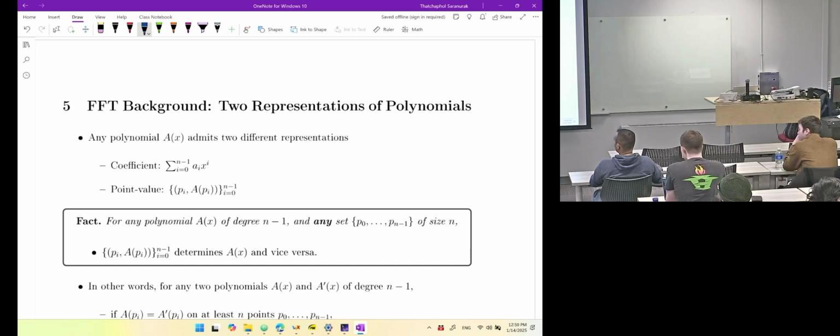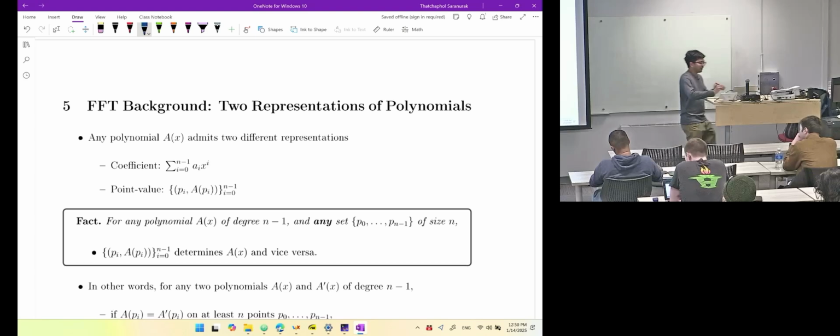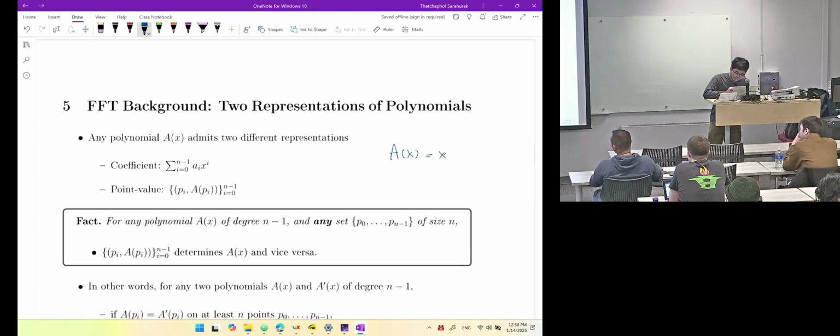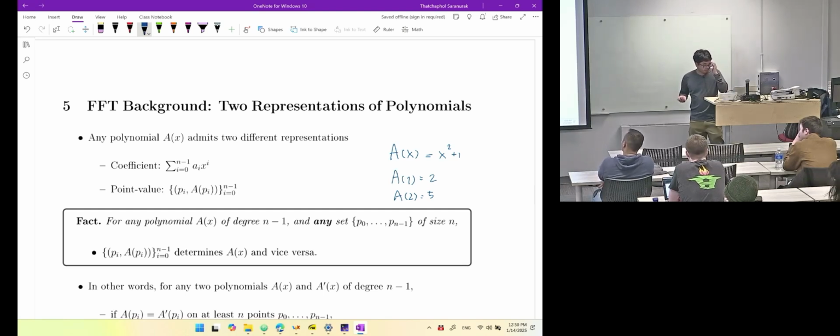However, you can represent a polynomial in a different way too, because you can think of a polynomial as a function. For example, if the polynomial is x squared plus 1, then a1 is 2 and a2 is 5.